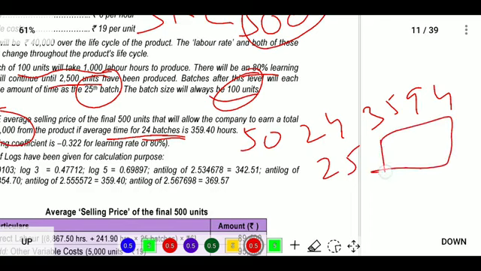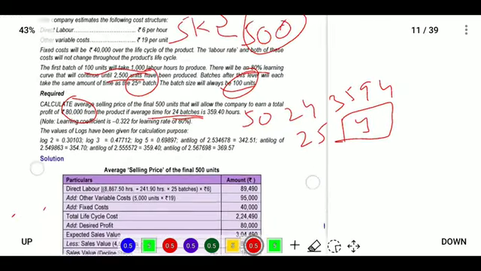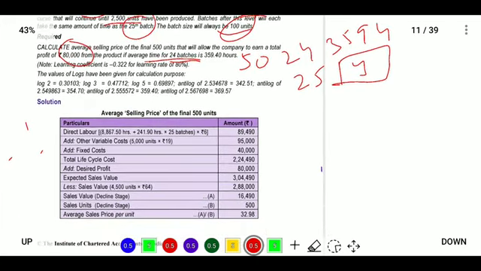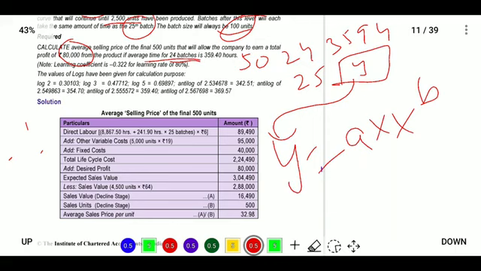So we will assume it as y. Next, the learning coefficient is minus 0.322 for the learning curve. What is this learning curve value? Here y is equal to a into x to the power of b, for calculation of y. This b is the coefficient of the learning rate.